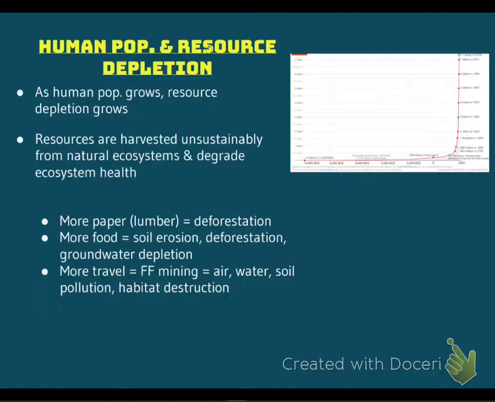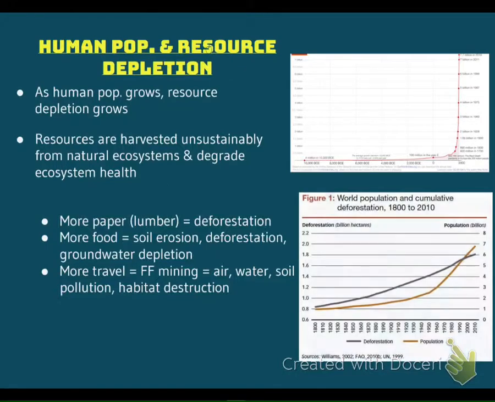We need more food, which leads to soil erosion, deforestation, and groundwater depletion. We travel more, not just by walking, but bikes, cars, planes, which leads to air, water, and soil pollution. And we need all that land for the roads, all that land for the airports, and all the land for all these. That leads to destruction of the habitats of organisms.